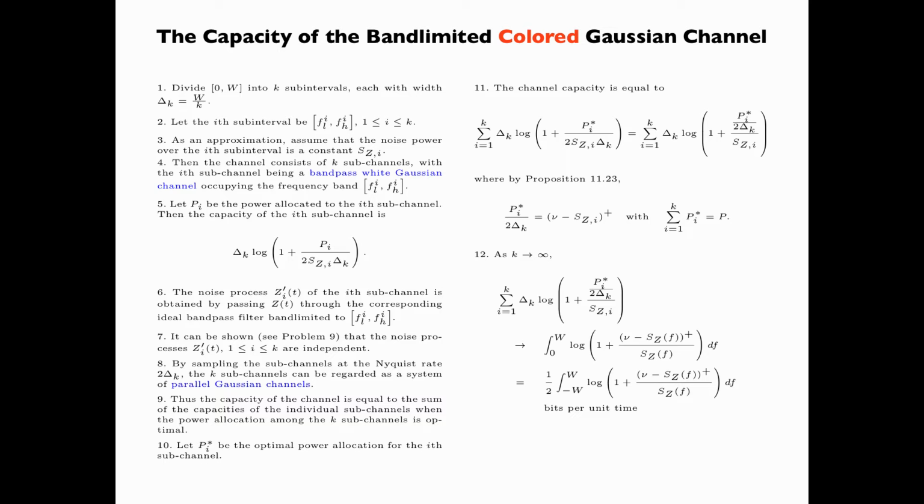This can be written as 1/2 times the same integral from -W to W, because S_Z(-f) is equal to S_Z(f). That is, the power spectral density is symmetrical about f equals 0.